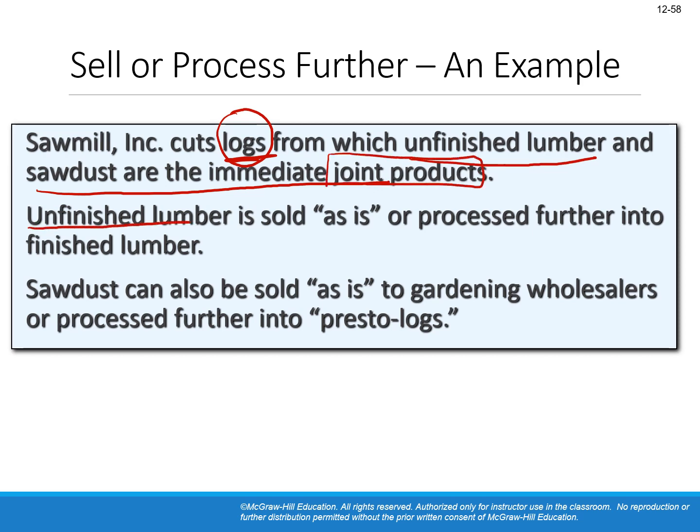Unfinished lumber is sold as is, or the alternative, processed further into finished lumber. The sawdust can also be sold as is to gardening wholesalers or processed further into presto logs. So further manufacturing of unfinished goods will yield finished lumber, and manufacturing sawdust further will yield presto logs.